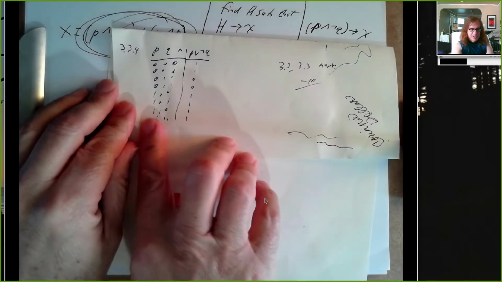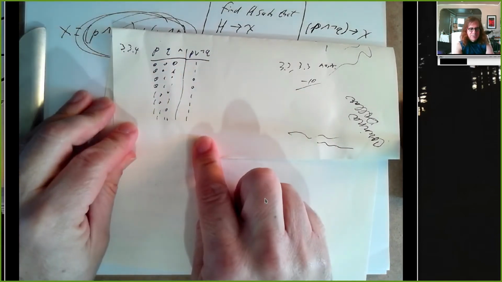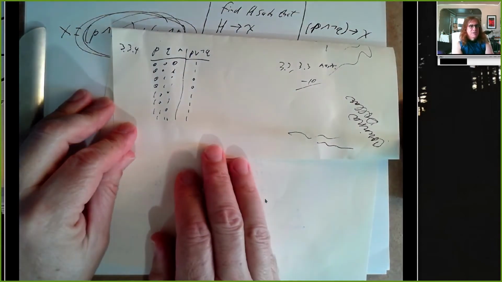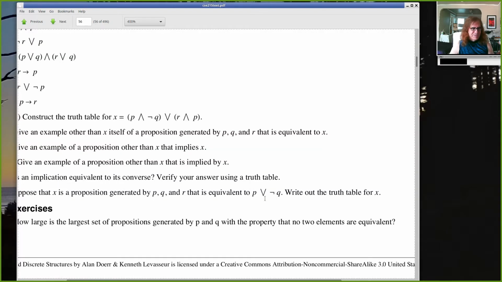And you get something like this: P, Q, R, and there's P or not Q. And it's just the R's don't matter, right? And so back in 250, if we were to make a K-map for this, we would have pairs of ones. If there was a 1, there'd be an adjacent 1, and we could box those out and end up throwing away our R, and write this just as P or not Q.